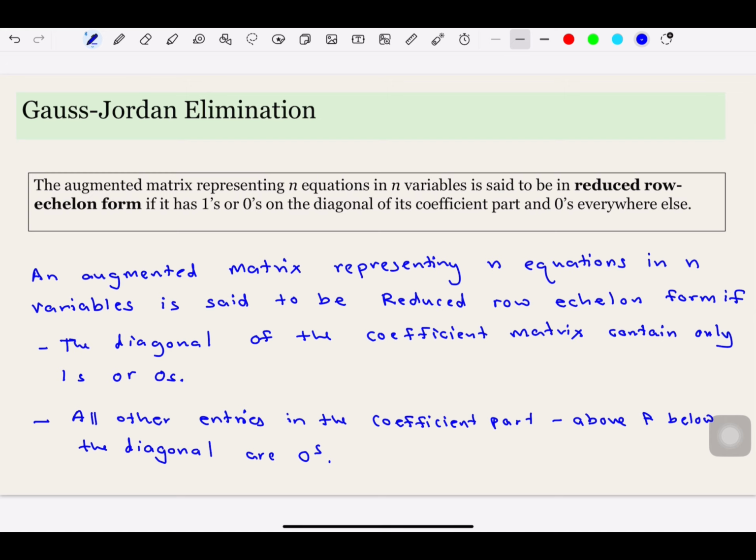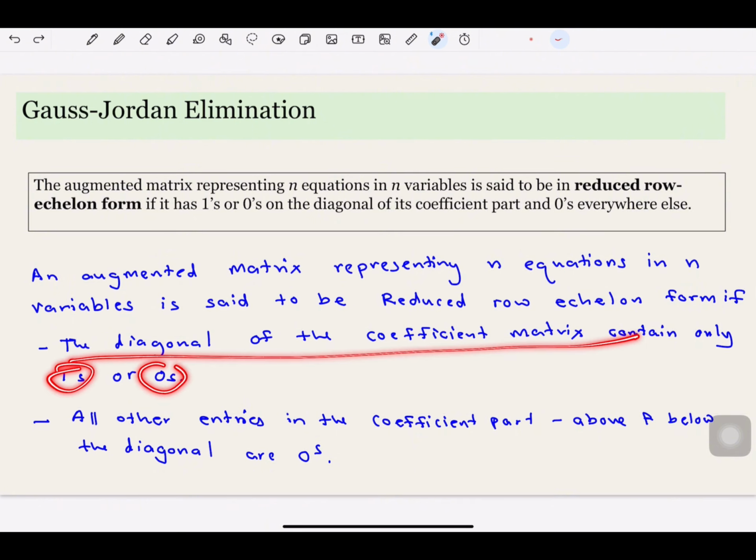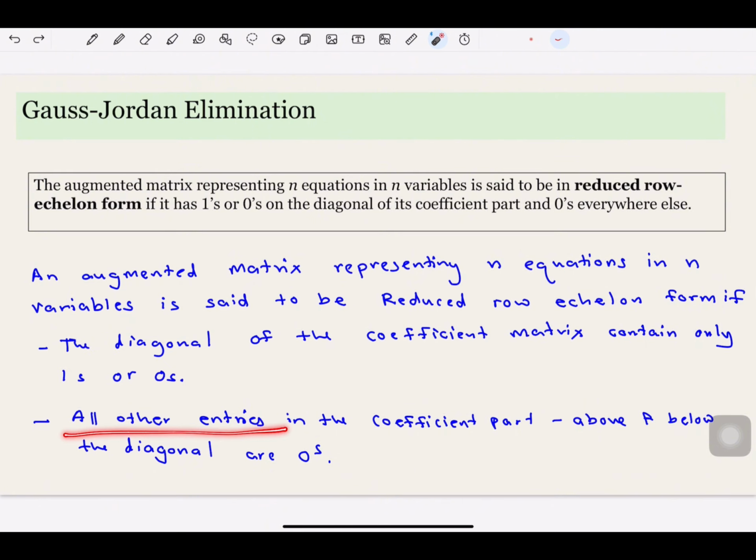An augmented matrix representation with n equations and n variables is said to be in reduced row echelon form if the diagonal of the coefficient matrix contains only ones or zeros, and all other entries in the coefficient part above and below the diagonal are zeros.